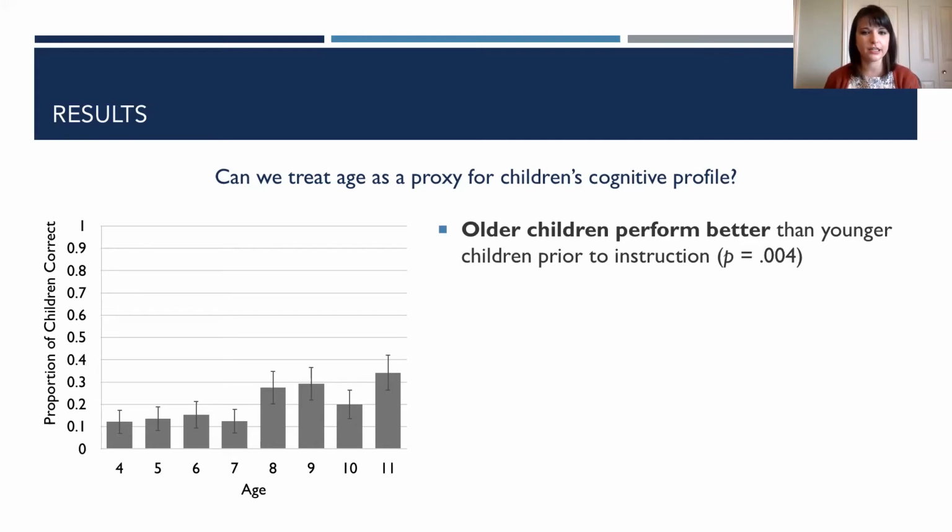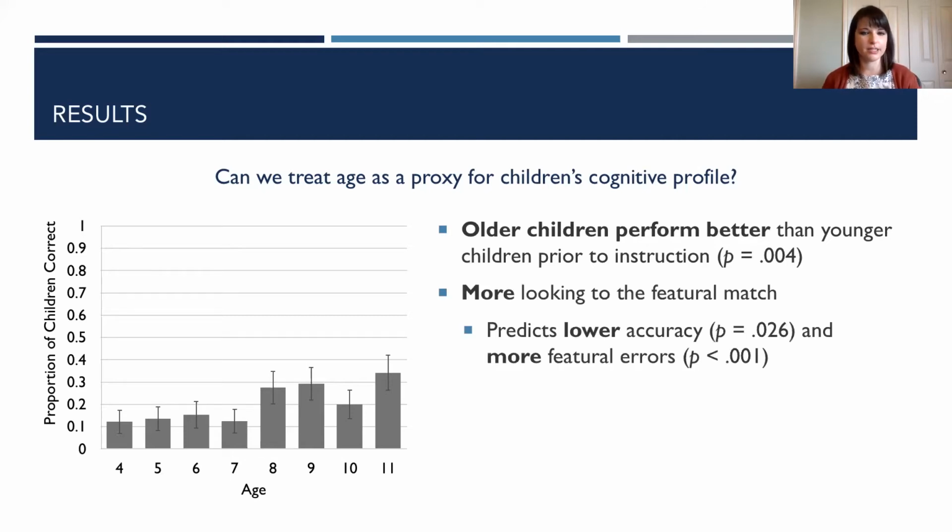We found a relation between visual attention patterns and performance. Looking to that featural match was negatively related to accuracy and positively related to featural errors, which all makes sense and reinforces previous ideas, but it's nice to replicate that. Together, these results and the results of previous research provide support for us considering age as this proxy for cognitive profile.